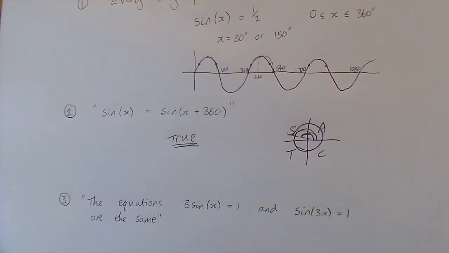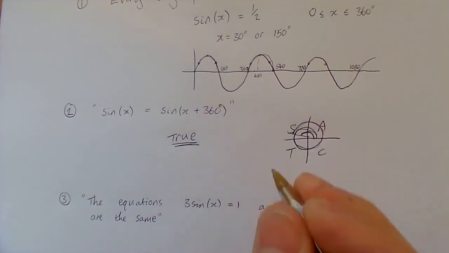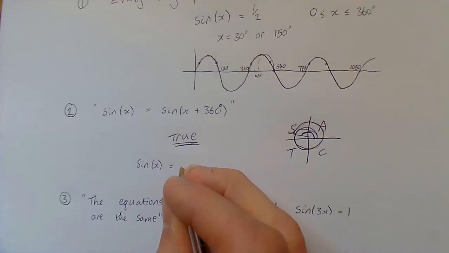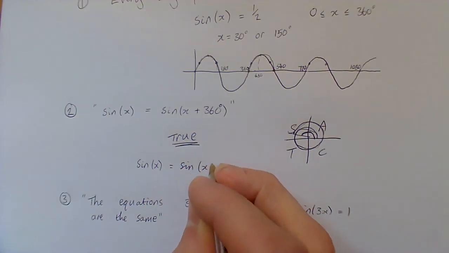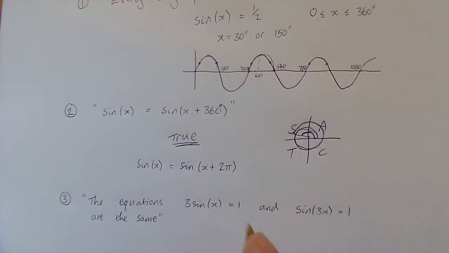If you're standing and you turn yourself through maybe 30 degrees, and then you do a full turn, you'll be back still facing that same direction you were after you turned just 30 degrees. There is obviously an equivalent version of this in radians, because this is in degrees. So we could also write that sine of x equals sine of x plus 2 pi, and that's true in radians. So this is our degrees version, this is our radians version.